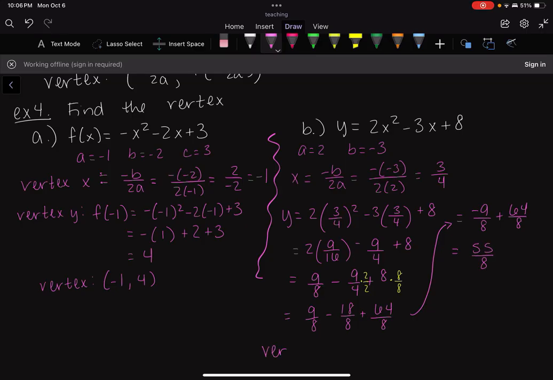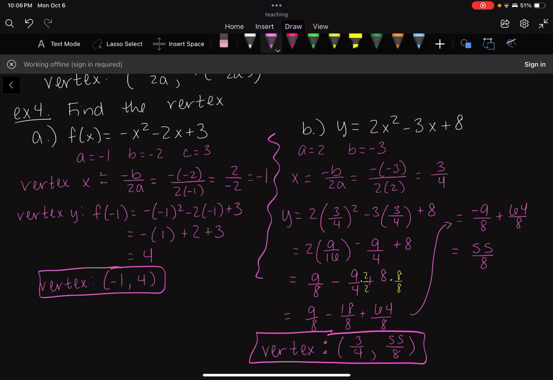So my vertex here, and I apologize if I made a mistake somewhere in there. I hope I didn't, but I did just make this one up. So 3 over 4 was my x, 55 over 8 was my y. And again, I really try not to give you ugly ones like that on the test. But maybe sometimes looking at ugly ones is what we need.